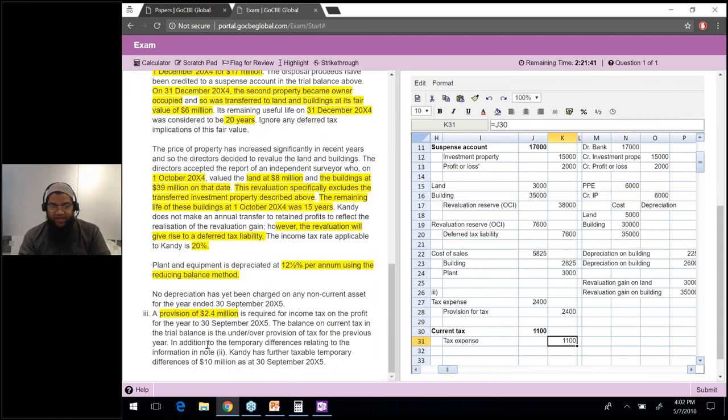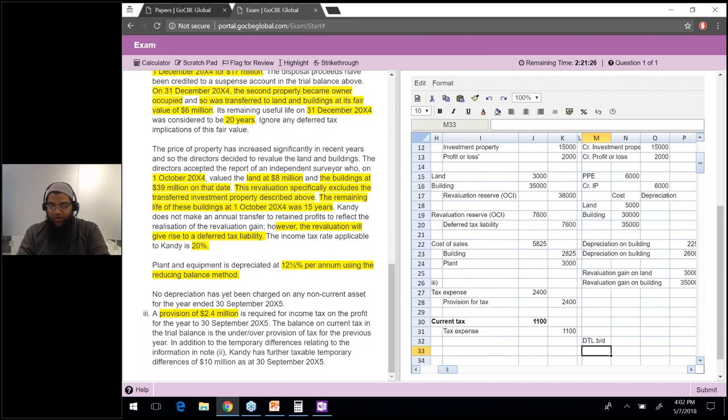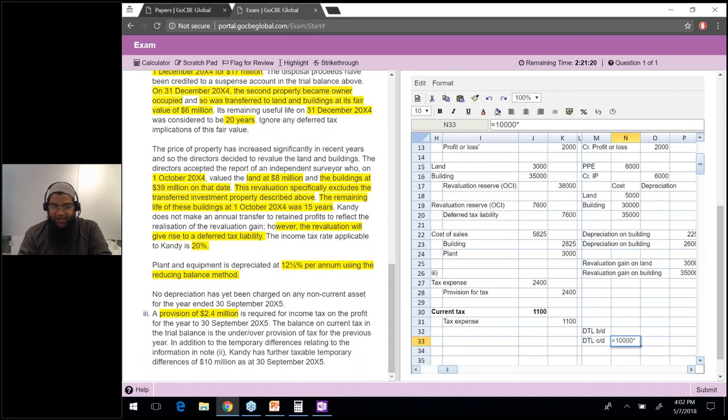Now the question further says, in addition to the temporary differences relating to information 2, that was the revaluation, Candy has further taxable temporary differences of $10 million. So the question is talking about deferred tax liability now. We had a deferred tax liability brought down, and the question is informing the deferred tax liability carried down: 10,000 of taxable temporary differences into the 20% tax rate gives us a deferred tax liability of 2,000.